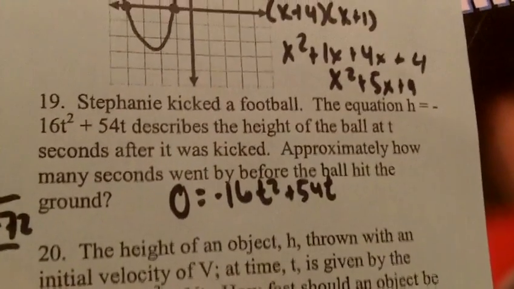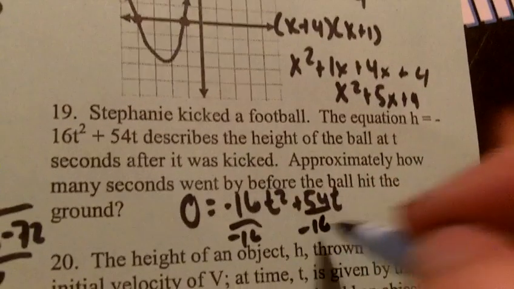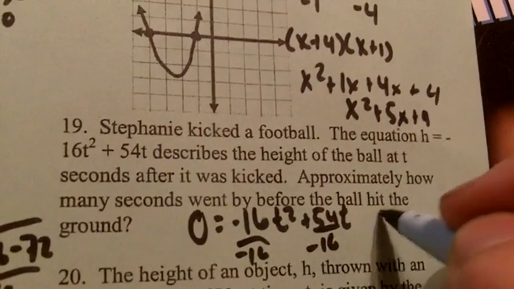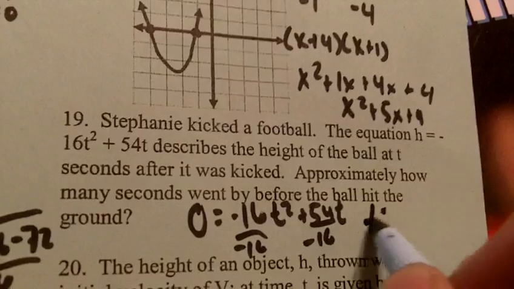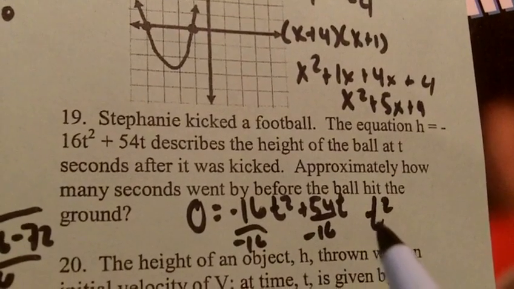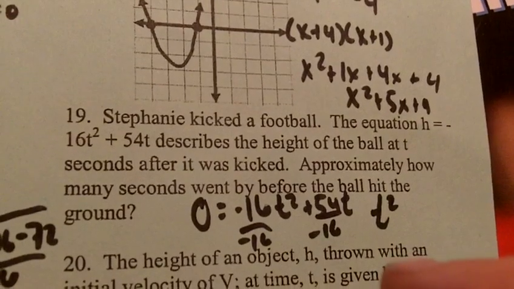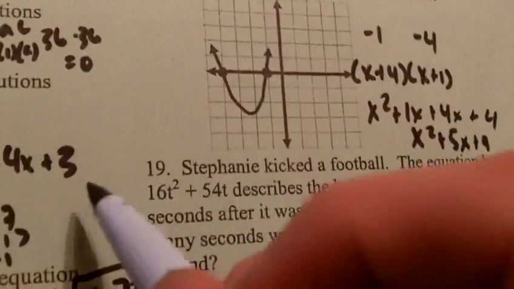On this one, there's a couple ways to do this. If you divide everything by negative 16 like I showed in class, then you're going to get t squared, and you have to do 54 divided by 16. We actually have to figure that out.